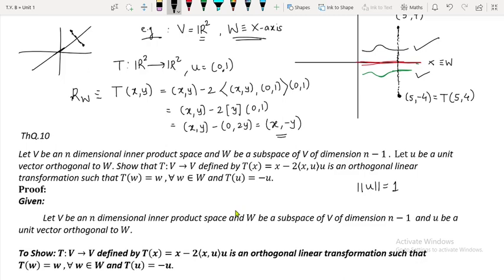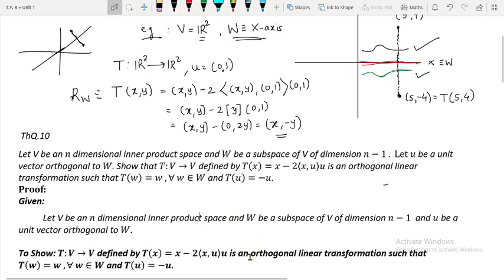If norm of U is 1. But what is the value of norm? It is the square root of inner product of U with U, which is equal to 1. But if you square it on both sides, you will get inner product of U with U is equal to 1. So U is a unit vector. In other words, inner product of U with U is equal to 1. Okay, because that will be required in our proof.